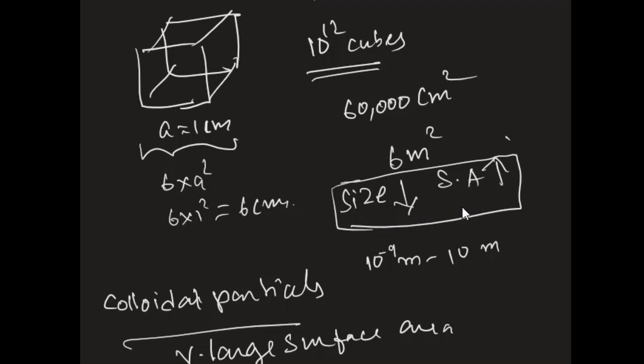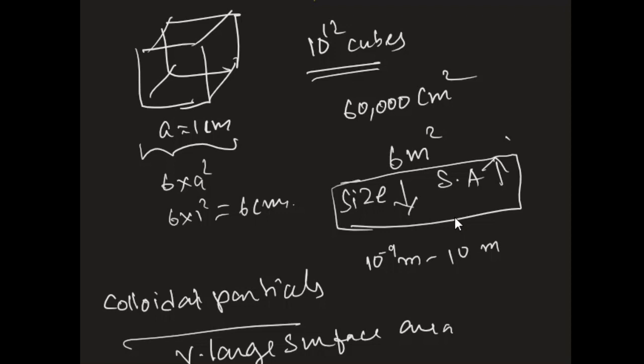And that is why, when the surface area increases, there is a problem of wettability. So by increasing the surface area, we will be struggling to properly process the materials of such size. So in this case, the colloidal particles have enormous surface area per unit mass as a result of their small size.